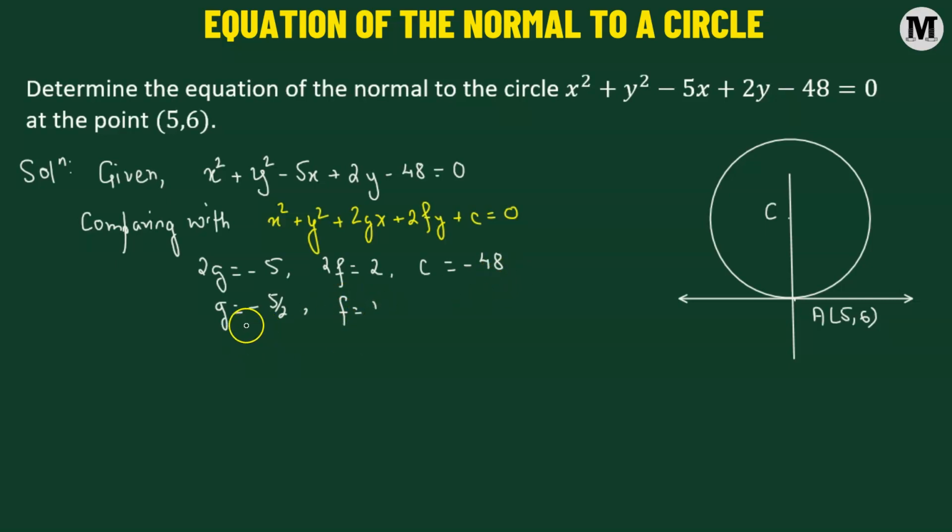The reason we find the values of g, f and c first is that using these three constants, we can find the equation of the tangent line by using the point form. Let's quickly recap the point form.